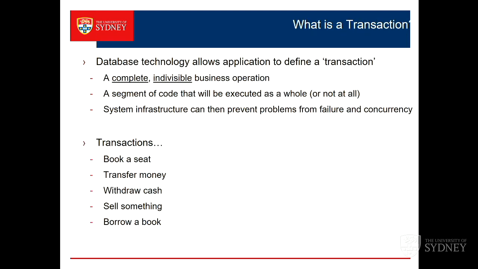Okay, I mentioned the T word a few times, because it's hard to do this type of stuff without mentioning T words. A transaction, there's a definition, it's a complete, indivisible business operation. It's the bit of code that you implement, and because it's complete and indivisible, it runs to completion or it doesn't run.